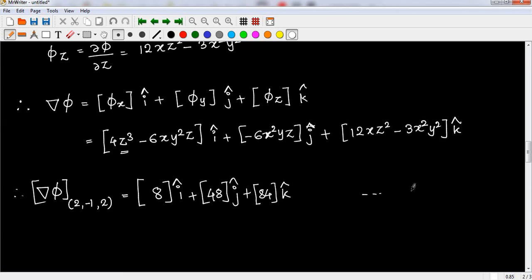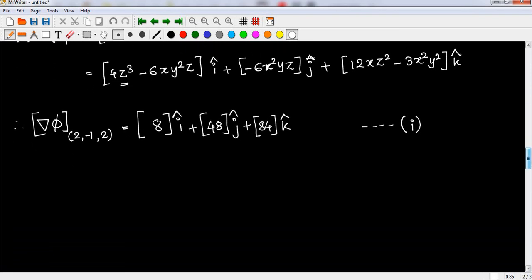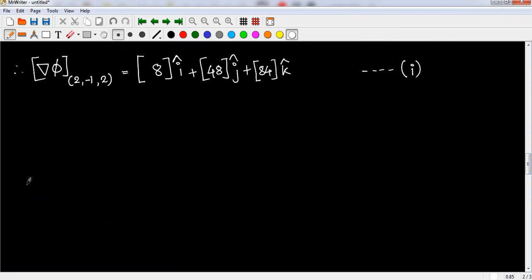We denote it by equation number 1. So, here we got the gradient vector at point 2, minus 1, 2. And a bar is the vector 2 times i bar minus 3 times j bar plus 6 times k bar.